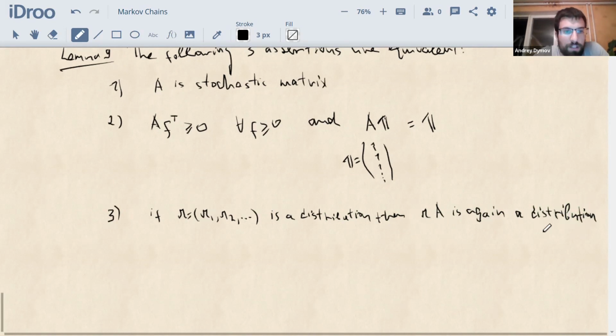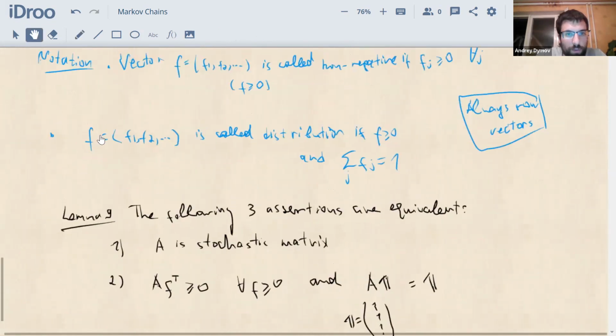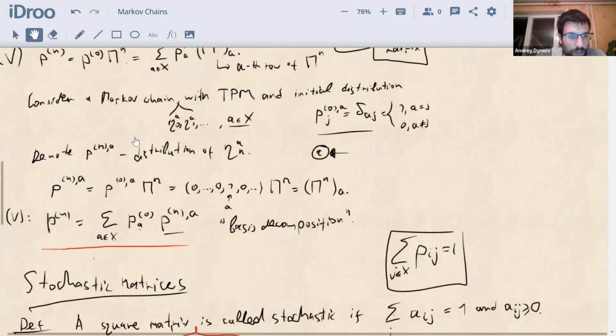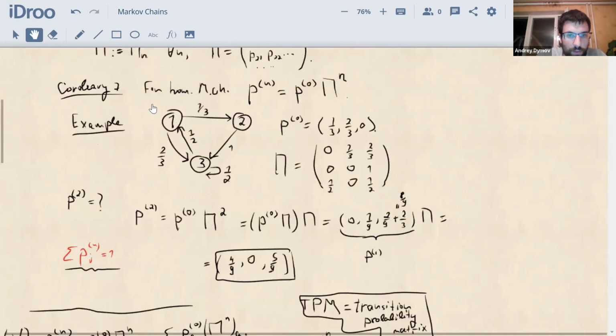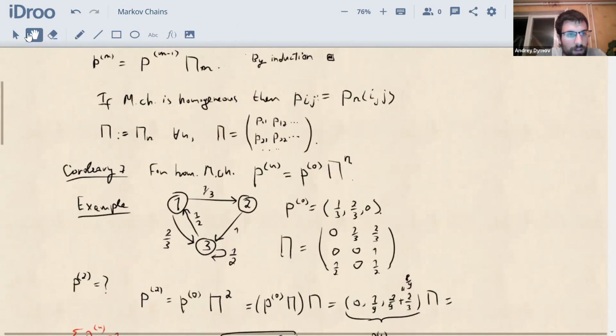So actually, the third assertion is what we saw in our lemma about the distribution at the moment of time n, because what we had, exactly, we have taken a distribution multiplied by a stochastic matrix.